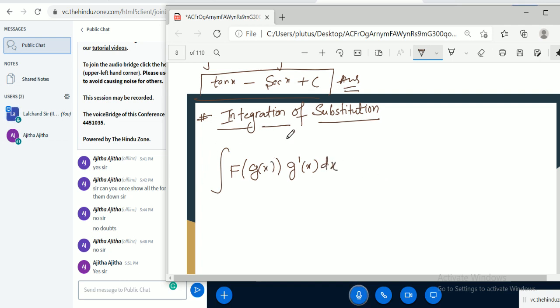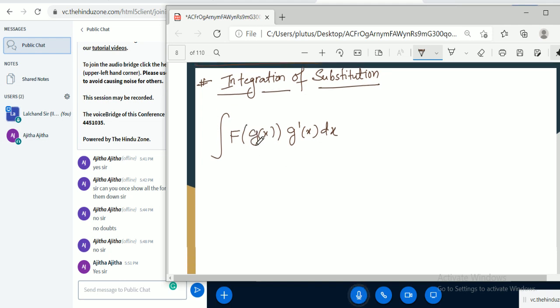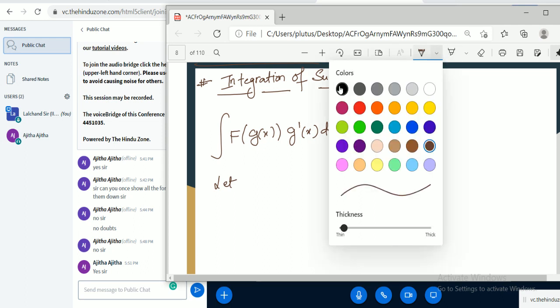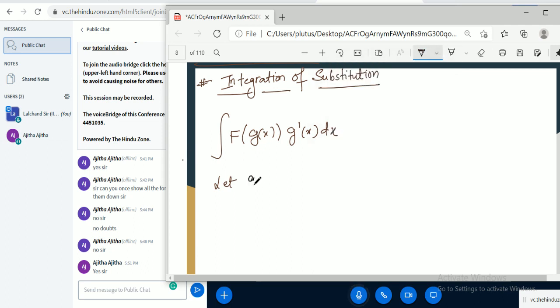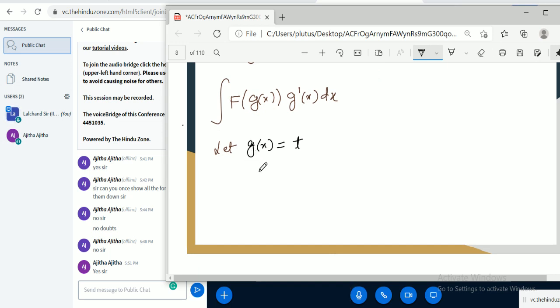So we need to integrate this kind of complex function. We can assume, let g(x) equal to some other variable t. If we differentiate both sides, then we get g dash x into dx equal to dt, isn't it?